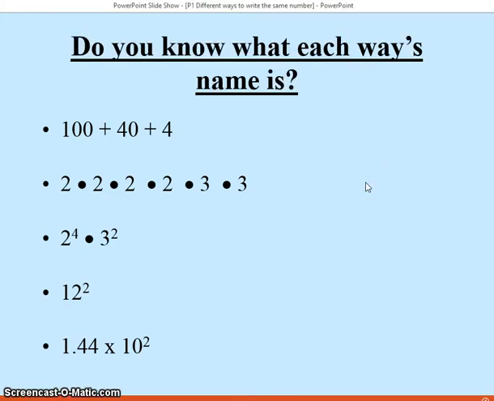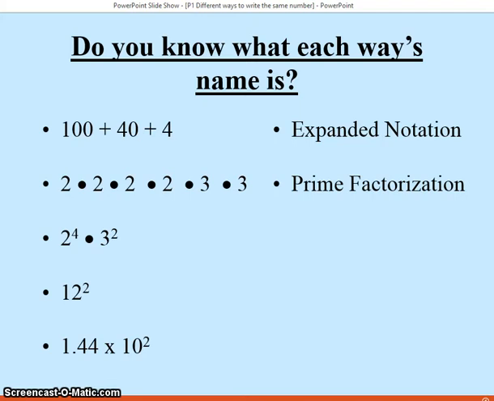So each one of these 5 ways has a special name of how it's written. Do you know what each way's name is? The first way's name is expanded notation. The second way is prime factorization.